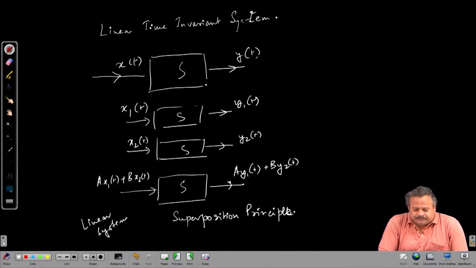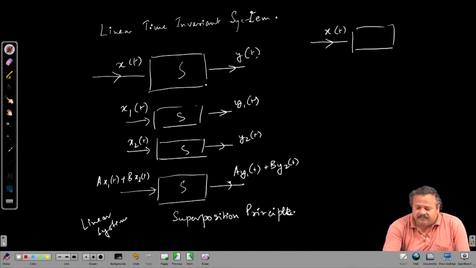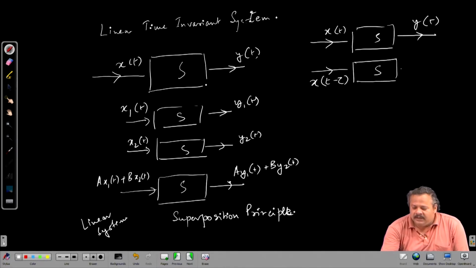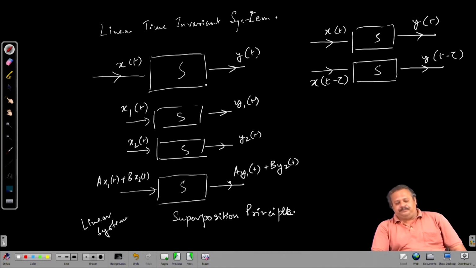And what time invariant means is that if I have an input xt for the system S and there is an output yt, then if we shift the input by time tau, the output is also shifted by time tau, for any tau.